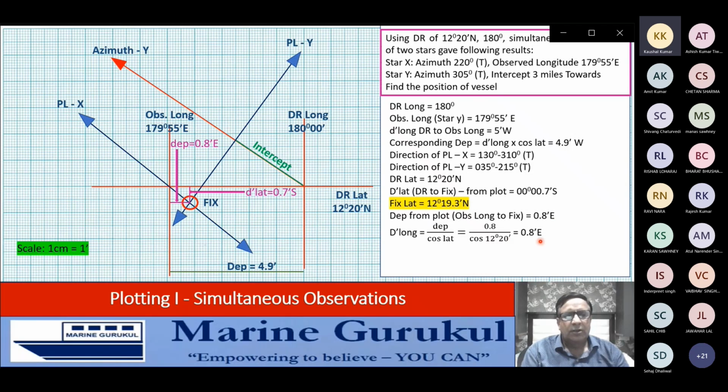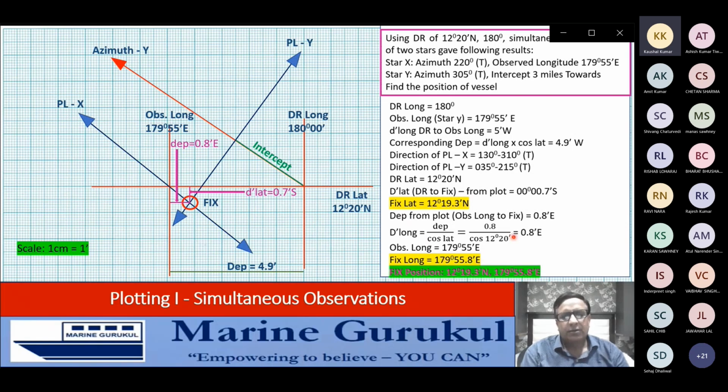So that means longitude of the fix is 0.8 minutes east of the observed longitude. Observed longitude being 179 degrees 55 minutes east, the longitude of the fix is then 179 degrees 55.8 minutes east.